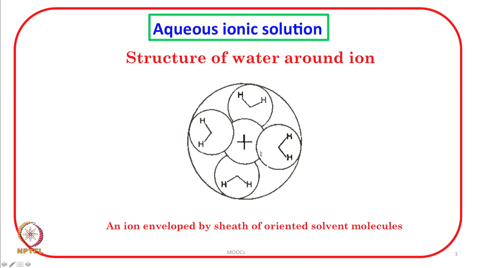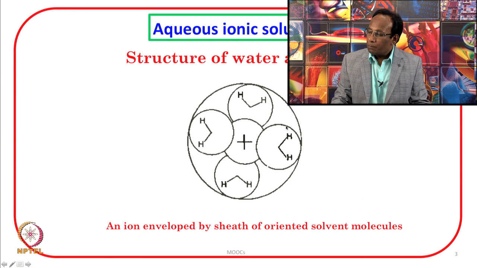So, under the influence of its electrostatic field, the central ion will attract water molecules, and through electrostatic interaction it will be surrounded by a certain number of water molecules. Now, let us remember that these water molecules which are surrounding the central ions were earlier part of the tetrahedral network.